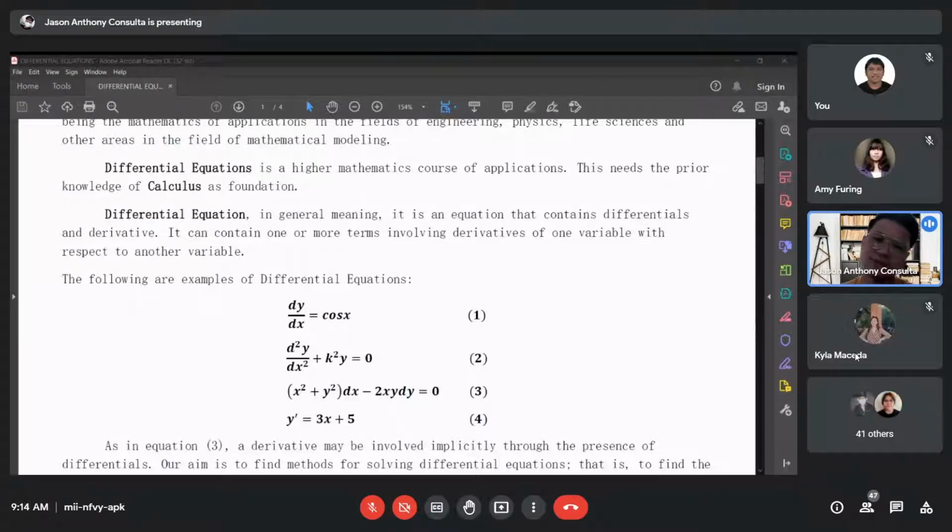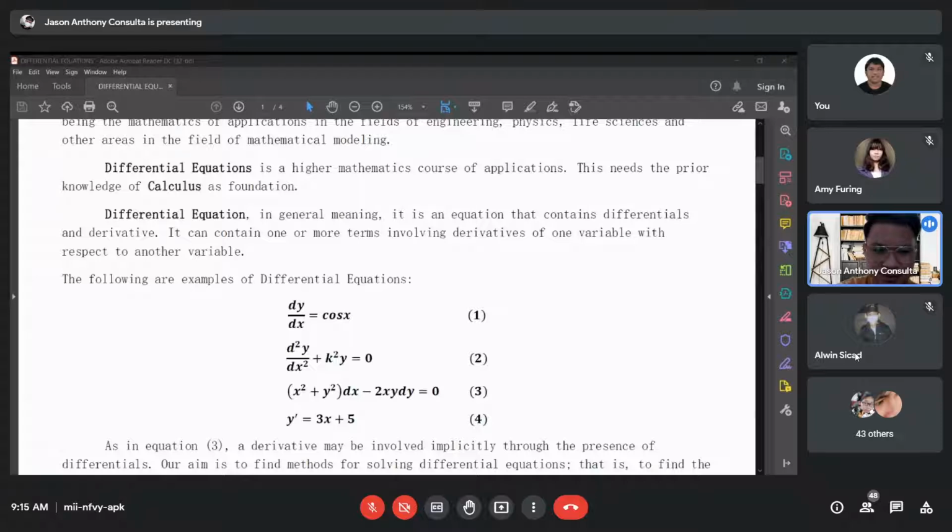Pwede rin, pag ganito class na, kasi na-regroup na siya. Kapag ganitong mga third equation, we still have to regroup this one. So, dapat ilalagay natin siya sa form na ganitong sa first, yung derivative of y with respect to x.